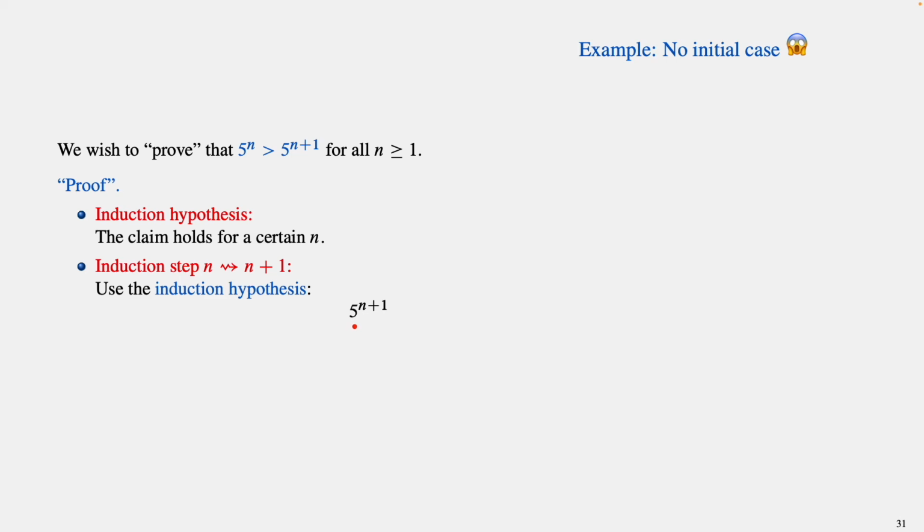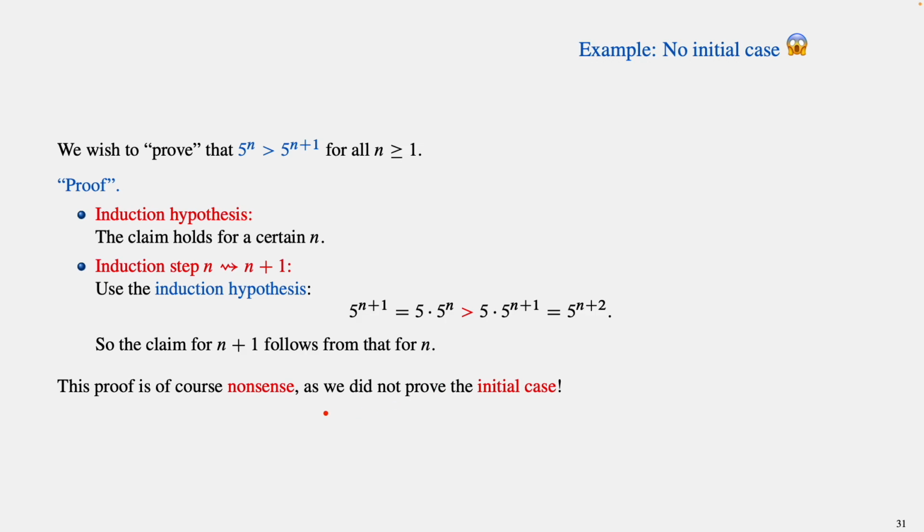I look at 5 to the power of n plus 1, which I can write as 5 times 5 to the power of n. And now for this one I can use the induction hypothesis to show that this is strictly greater than 5 times 5 to the power of n plus 1, which again is 5 to the power of n plus 2. So my induction step actually works using my induction hypothesis.